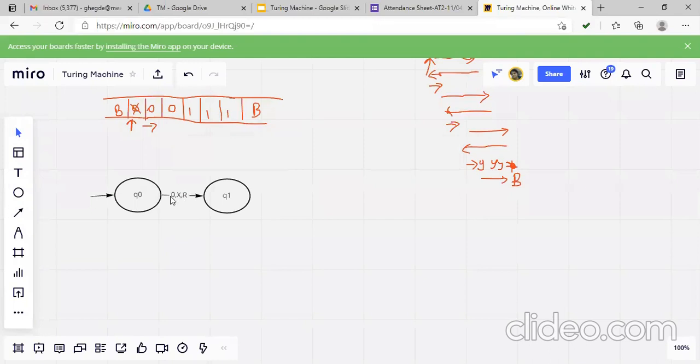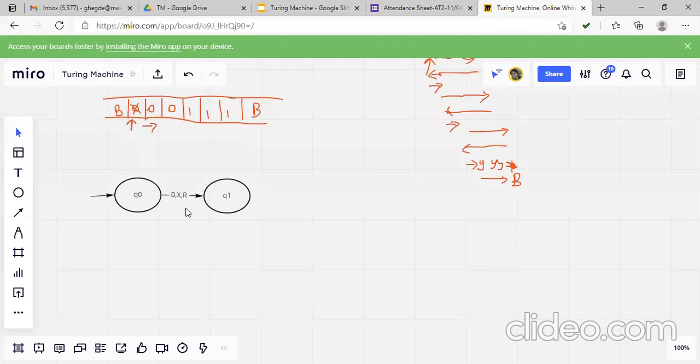Is the representation clear? If I read a 0, make it x and move right. This is the input, this is the changed alphabet or symbol, and this is the movement of the head. Whether we are moving right, moving left, or not moving. Agar right move kar rahe hain to R, left move kar rahe hain to L, and if we have no movement then N, that is halt.